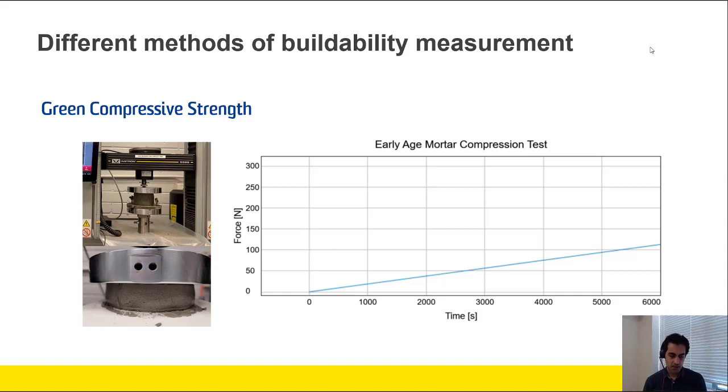That mimics the way that layers build on top of the bottom layers in 3D printing, and the pressure exerted by successive layers versus time. We can use it in a continuous way, or step by step based on the interlayer time between each layer. Depending on the setting time of the material, we can run this test until we reach that setting time, after which the material is stiff enough to meet the strength requirement.